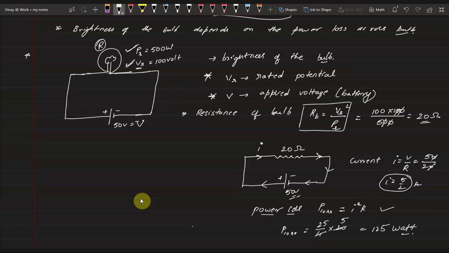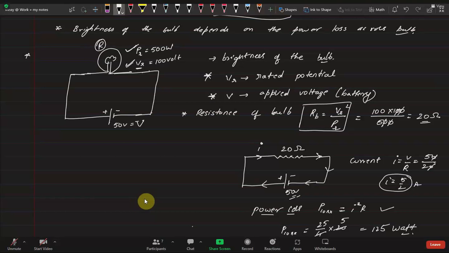Now please remember, students, what is the wattage of the bulb? 500 watt. But what is the power loss?